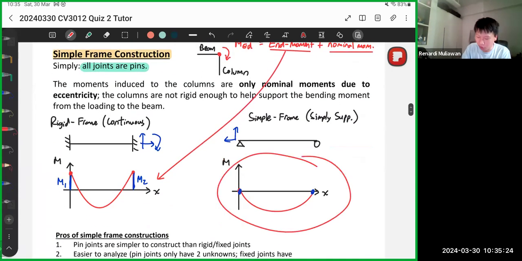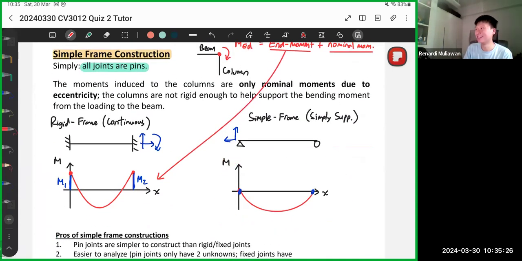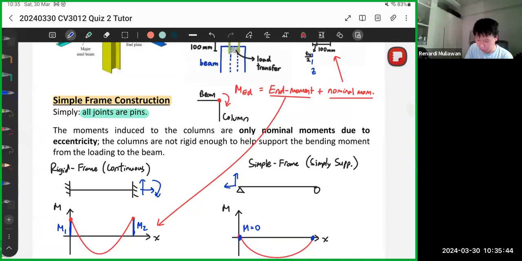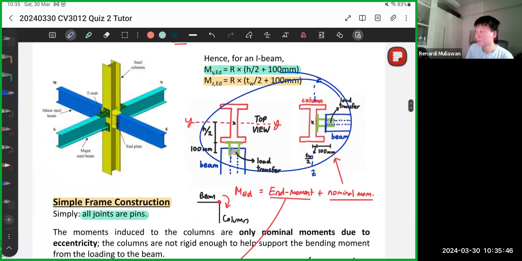However, for simple frame constructions, now you can see the benefits. If we assume a construction to be simple frame, there's no end moment. End moment is 0 for simple frame constructions. So we just need to take care of the nominal moments, which we have covered just now.